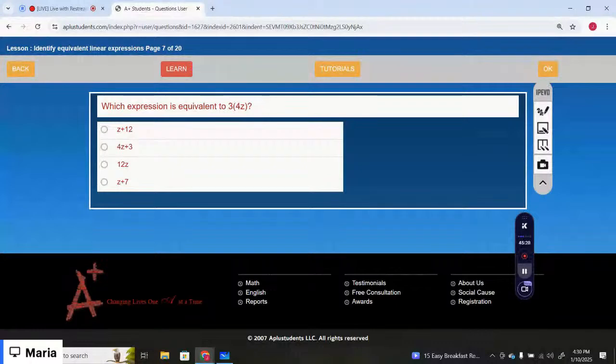The correct option is 12z. Option number 3 is the correct option.